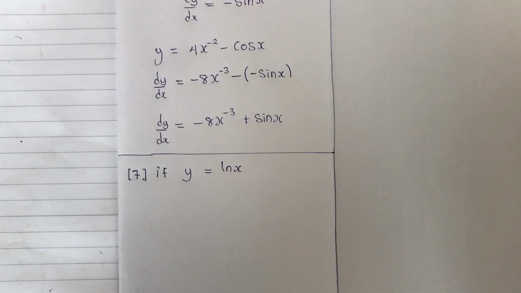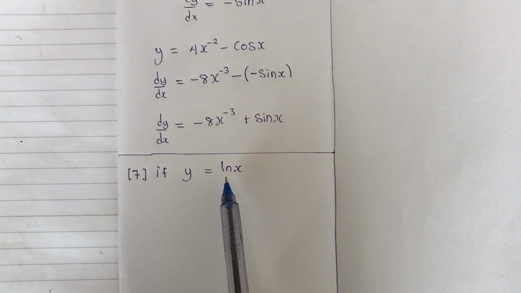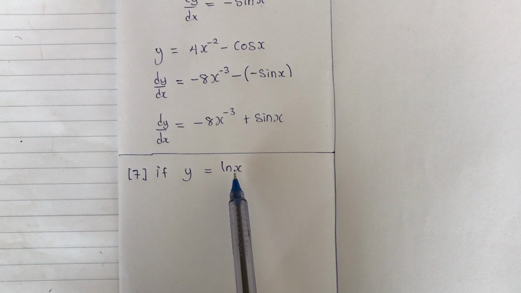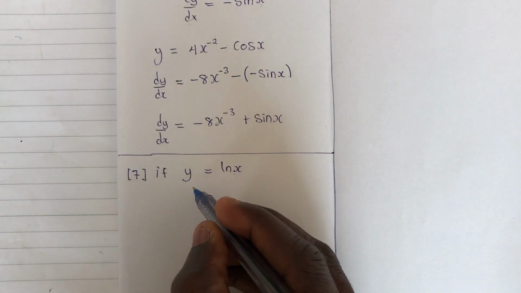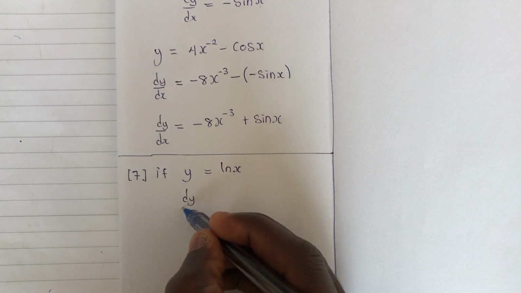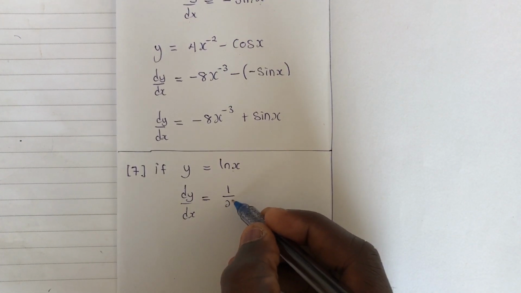Negative. So before I talk about the trig functions again, let's talk about the simple one, the ln function. So we have the natural log, ln x. Now this one can also be in logarithms. I will not talk about that right now. So let's move on. Now when you have y equals ln x, or any other variable equals ln anything, then the derivative function, which is dy/dx, will be equal to 1 over what? x.